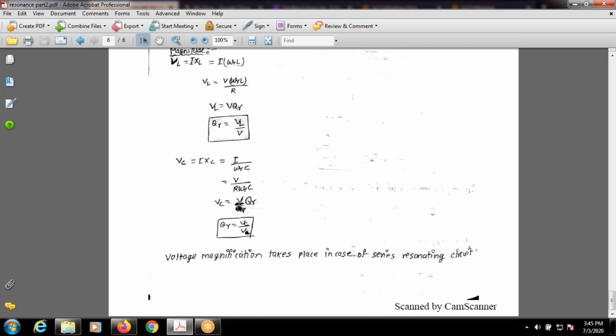What is XC? XC is equal to 1 by omega C. Then simplify, then VC is equal to quality factor into V, and from that the quality factor is equal to VC by V. So this is the voltage magnification that takes place in a series resonance circuit.